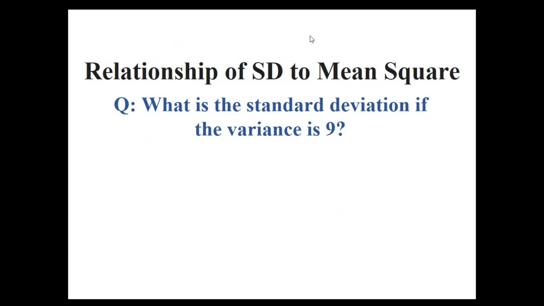Here's the first question, and I want you to take a second and try and figure it out for yourself. What is the standard deviation if the variance is 9? Okay, you probably got that right, but let's cover it.